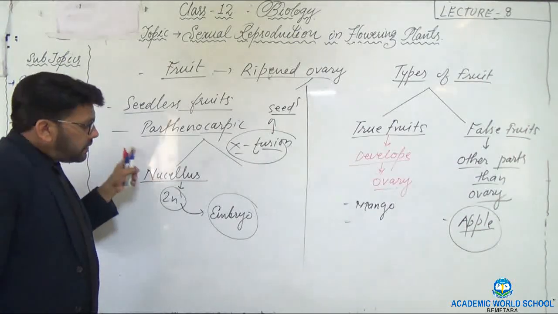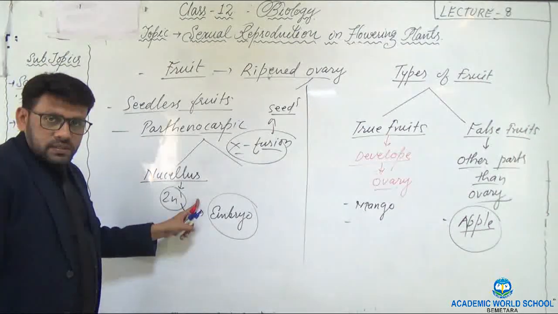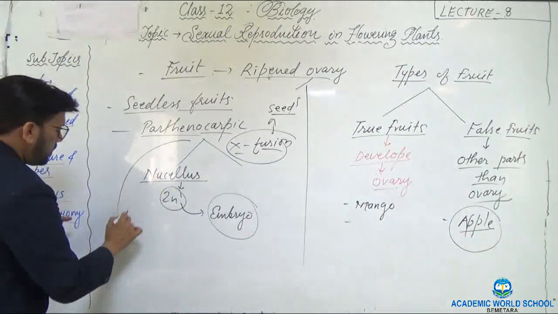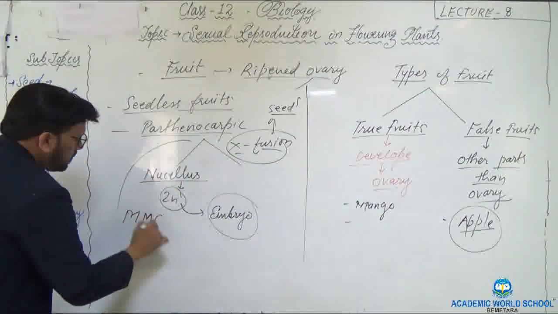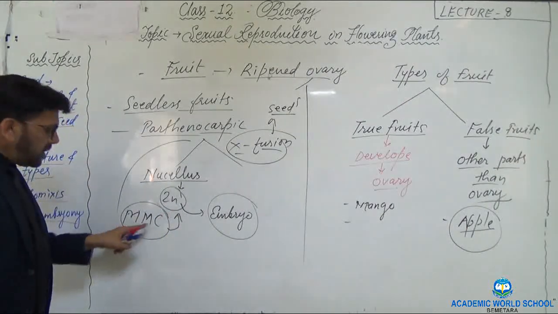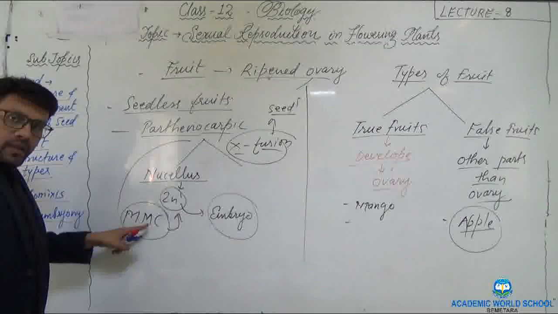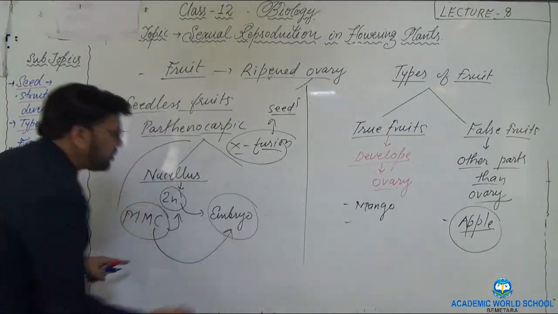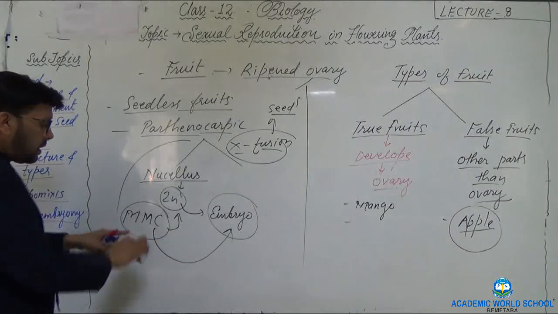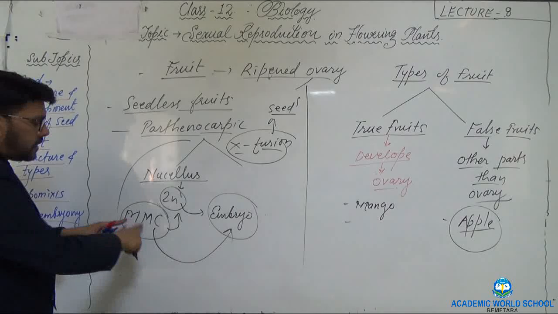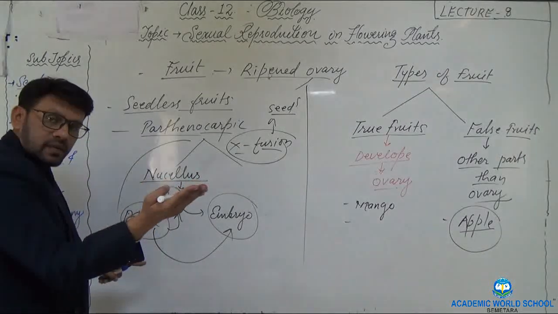Then in some cases, what happens? The megaspore mother cell, which is also diploid, directly divides and forms the embryo. It means it does not undergo meiosis, which would otherwise make the haploid cell.